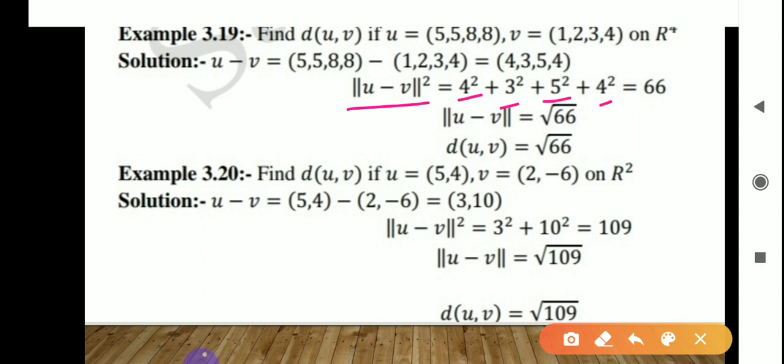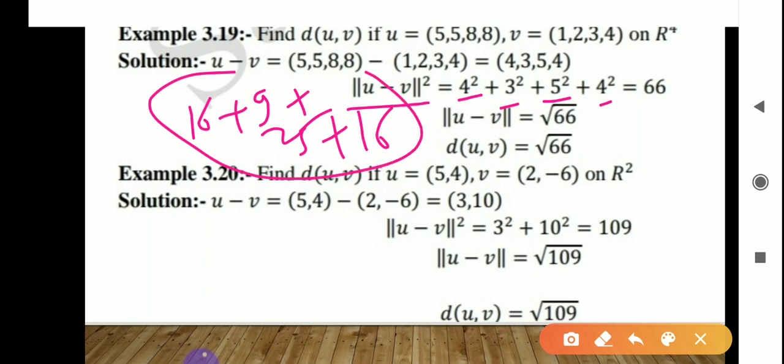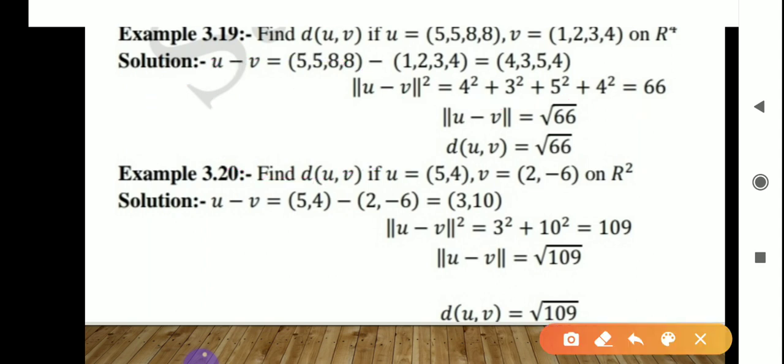Okay, so 4 squared is 16, plus 3 squared is 9, plus 5 squared is 25, and plus 4 squared is 16. If you add all these elements, the sum is 66, and therefore the norm of u minus v is equal to the square root of 66. Why do we write the square root here? Because the norm of u minus v is defined as the square root of the inner product of u minus v comma u minus v.